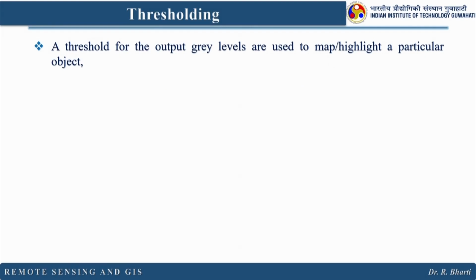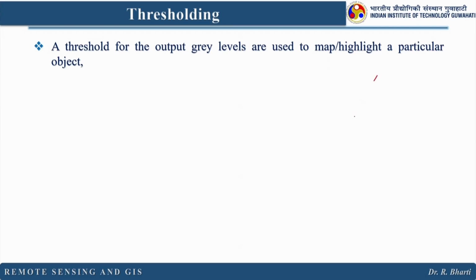In thresholding, what we do is we provide a threshold of the DN values and we make different classes. Here a threshold for the output gray levels is used to map or highlight a particular object.